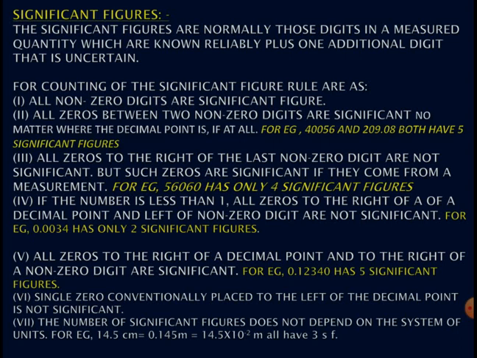In the definition also, significant figures are normally those digits in a measured quantity which are reliable, plus one additional digit that is uncertain. In my example, it was 10.01 or 10.02.